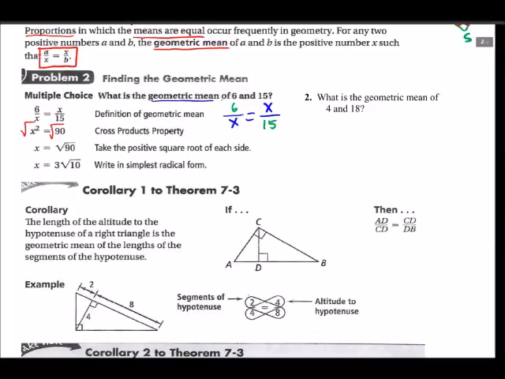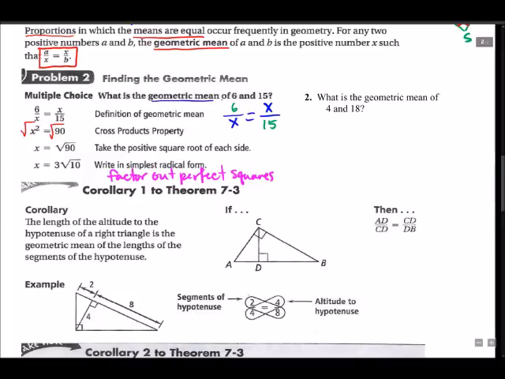Well, hopefully in algebra, you learned about simplest radical form. And what simplest radical form is, you factor out perfect squares.